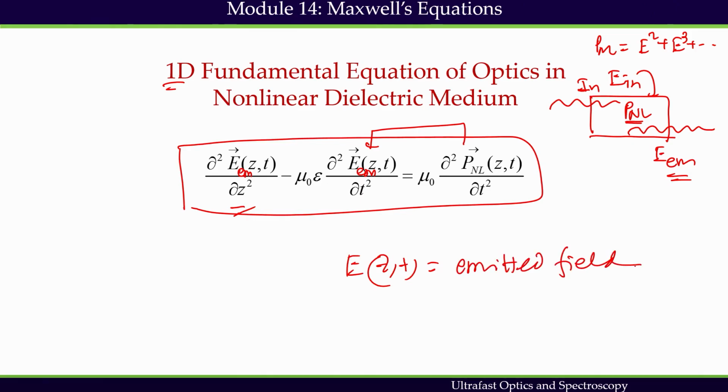PNL is a nonlinear contribution to the polarization, suggesting that nonlinear polarization acts as a source for the emitted field. This equation enables us to calculate nonlinear effects, the second and the third order, due to propagation of an ultrafast pulse in a dielectric medium.